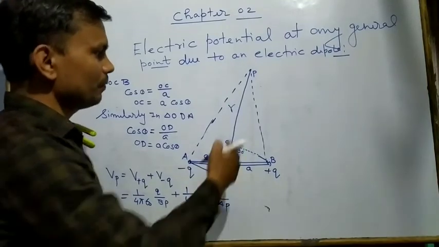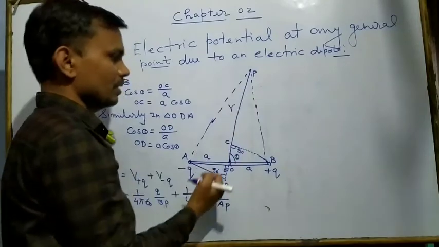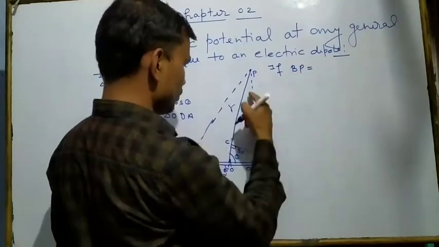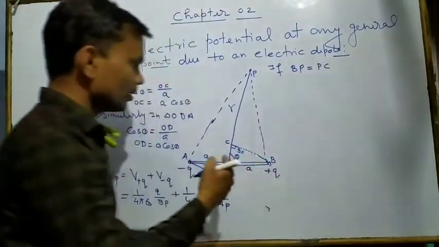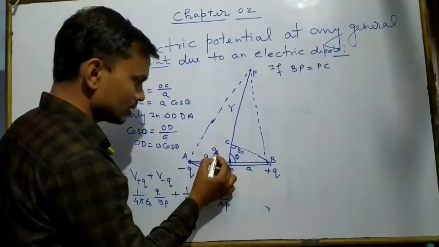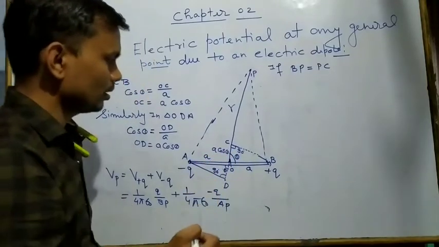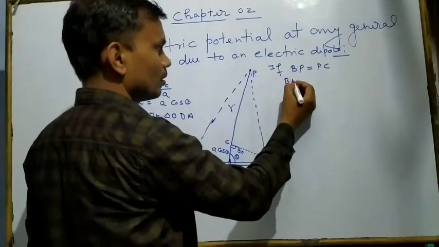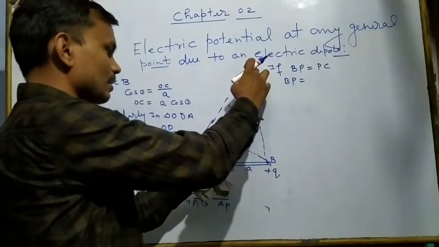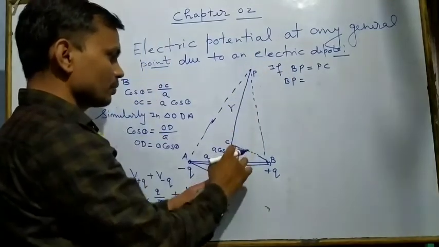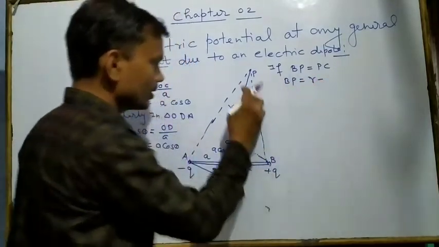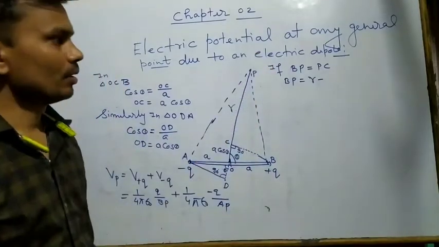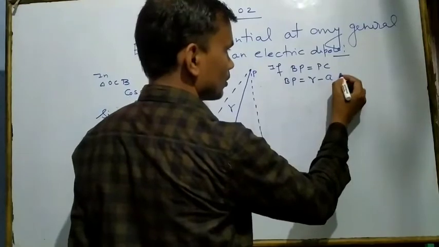Now listen, BP is equal to PC, and we calculated OC as A cos theta. So BP equals PC, which equals OP minus OC, which is R minus A cos theta. This is BP.